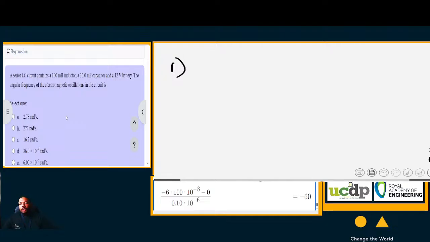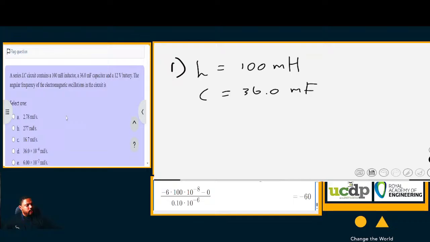The first question says, a series LC circuit contains an inductor that is 100 millihenry, inductance is denoted by an L, and a capacitor with a capacitance of 36.0 millifarad.